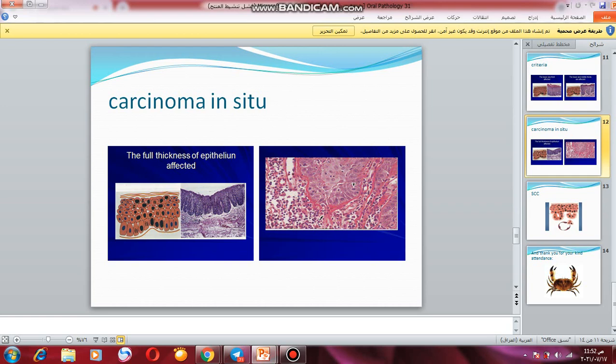Slide number 12. Carcinoma in situ. It is the grade of oral epithelial dysplasia before the basal stratum basali opens and cause the neoplastic cells to escape to the underlying connective tissue.